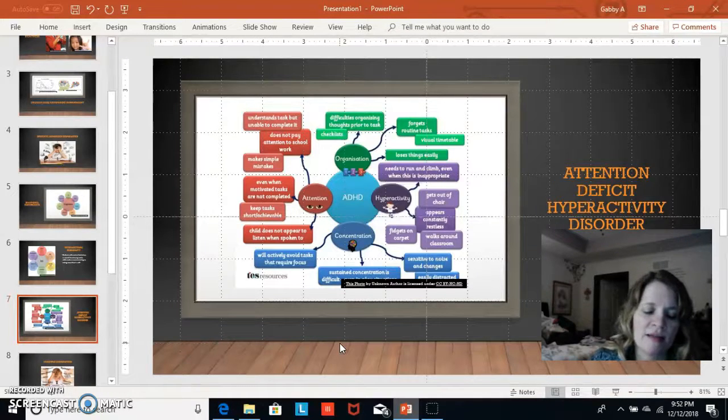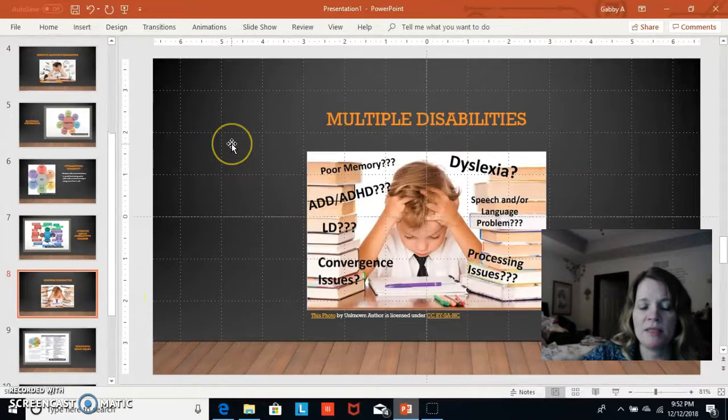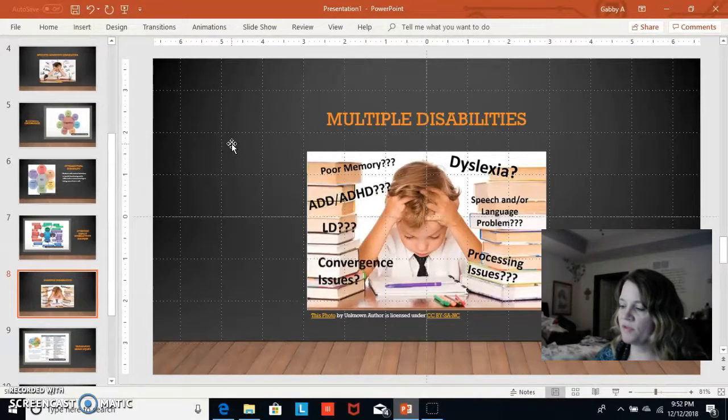One thing I think that needs to be looked at, though, that I learned is that sometimes I think there are too many children diagnosed with ADHD now, and a lot of medication is going to students that probably don't need it.